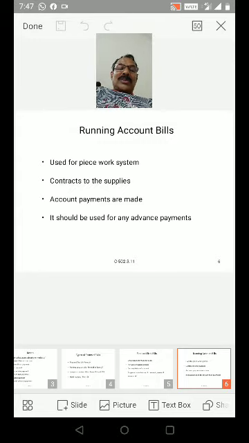Contract to the suppliers. Account payments are made. It should be used for any advance payments.